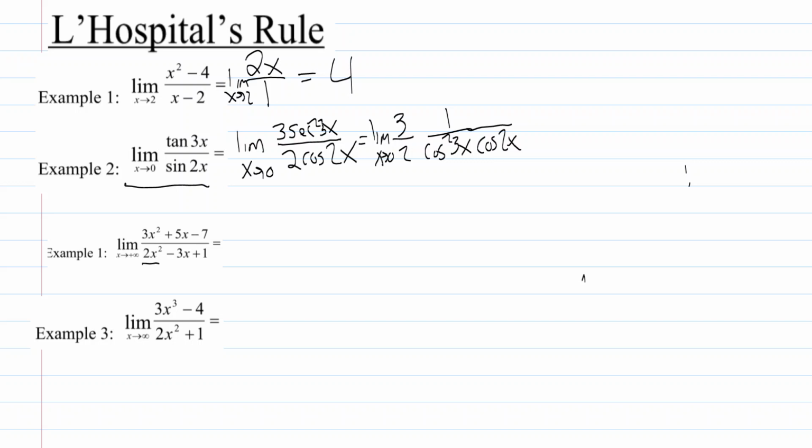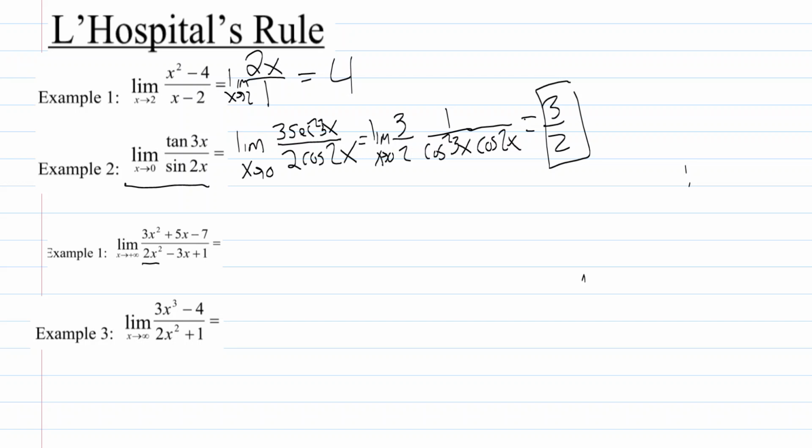Well, the handy thing about this is cosine of 0 is 1, so we just get 3/2. 1 over 1 is 1, times 3/2 is 3/2. Sweet, we did it. So this thing actually goes to 3/2, so it's like these were 2 lines, like the tangent and sine being there didn't even matter, which is kind of cool.